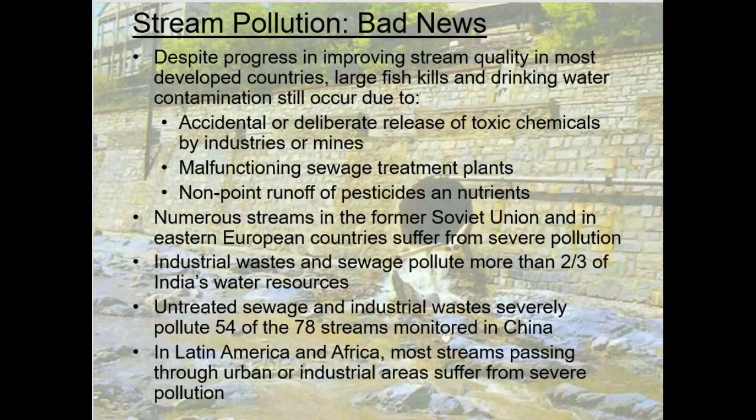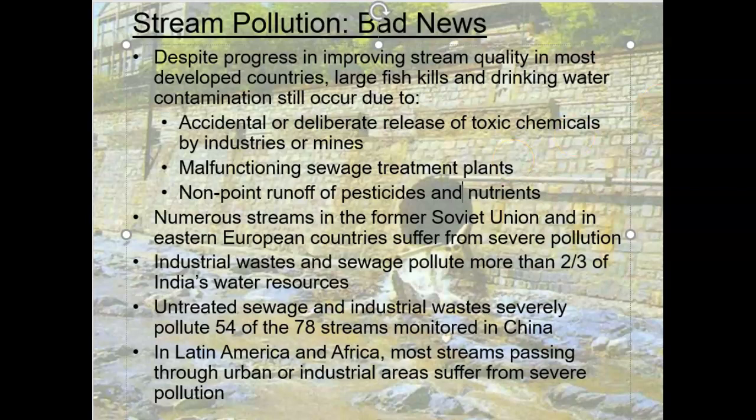Mines have the runoff of acid mining waste that goes into local streams. Sewage treatment plants that malfunction is a problem, and the non-point runoff of pesticides and nutrients. That would be things like fertilizers that are used on people's lawns and in agriculture.